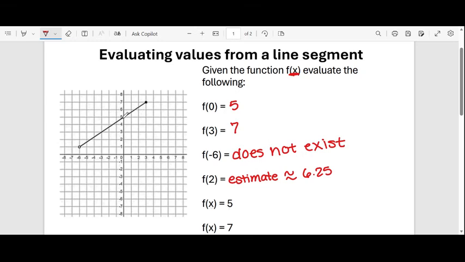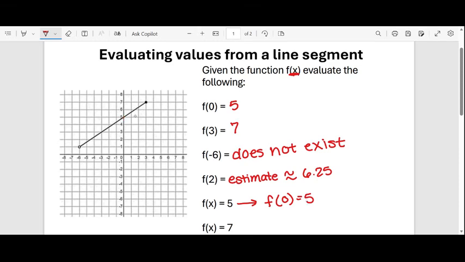So we're going to go to where y is 5, which is right here, and our graph is here, and clearly our x value is 0. So we're going to say, well, f of 0 is 5 because the x value when y is 5 is 0.